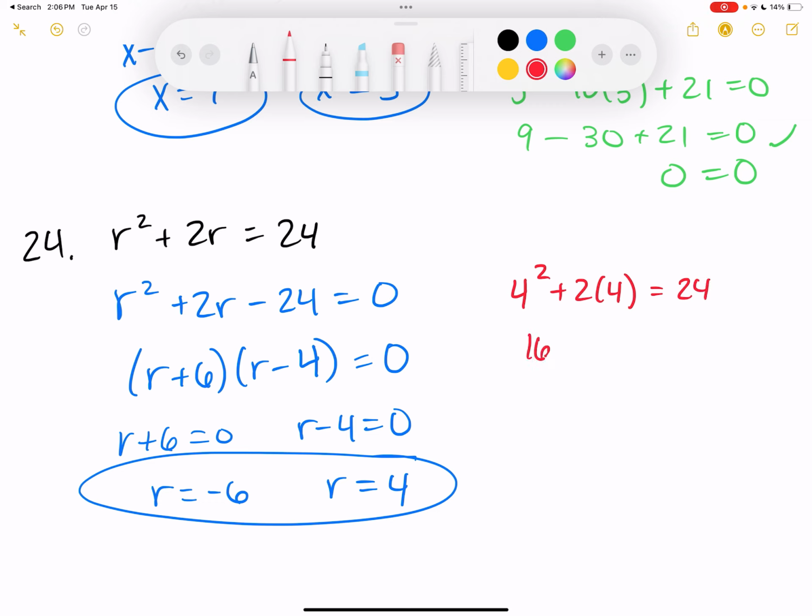So 16 plus 8 equals 24. 24 equals 24. So that's another good way to check it if you know that you struggle with moving things left to right: make sure that the number you're plugging into the very original equals the right side. Then you're good.